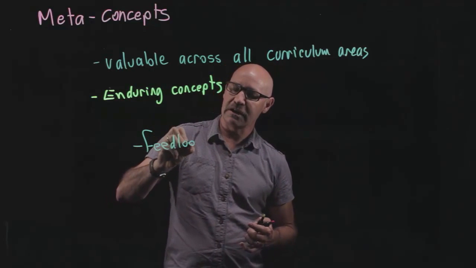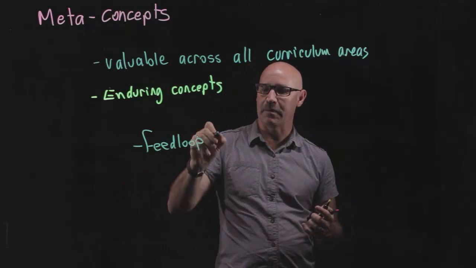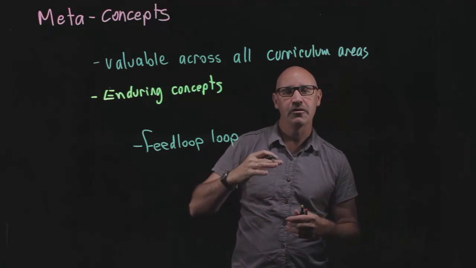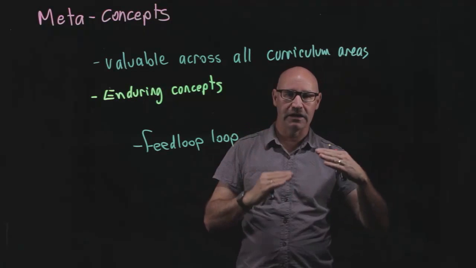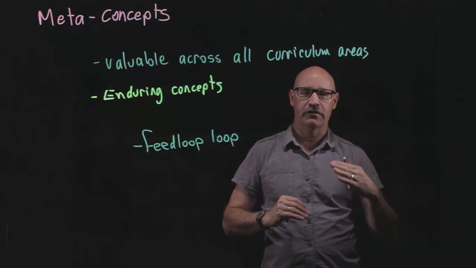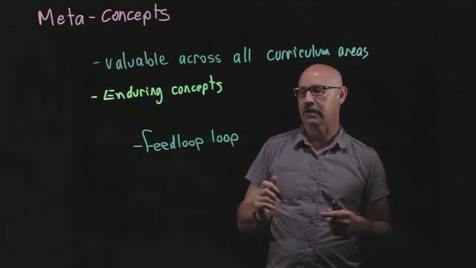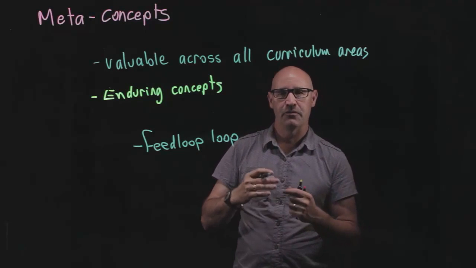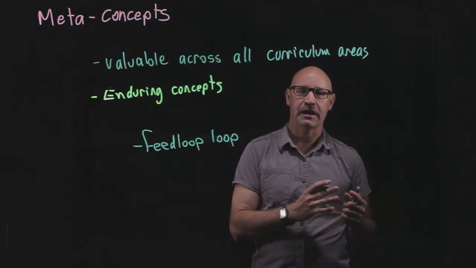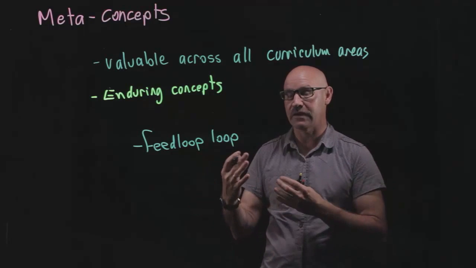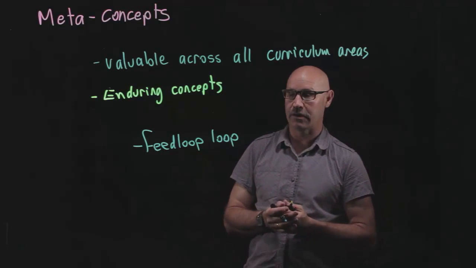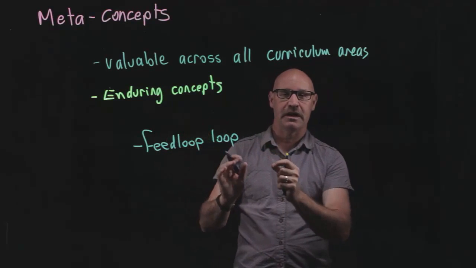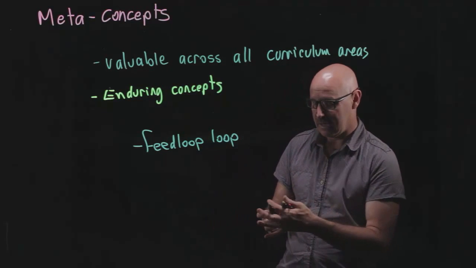So I would teach feedback loops, negative feedback, when I'm teaching homeostasis, or the way that the body regulates blood glucose level and thermoregulation, etc. But feedback loops are also just as important in robotics and coding and countless other ways as well, for example, the finance industry, etc. So the meta concept there is the feedback loop.